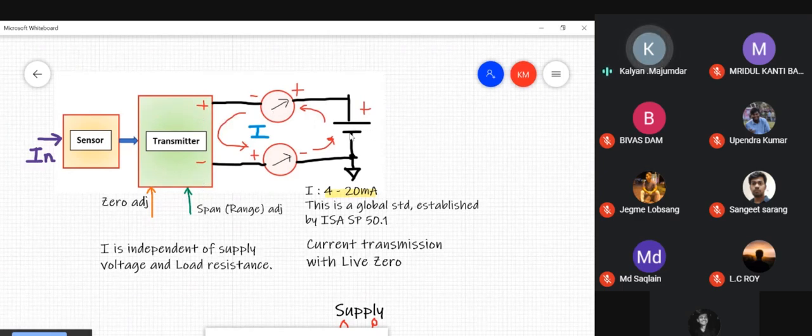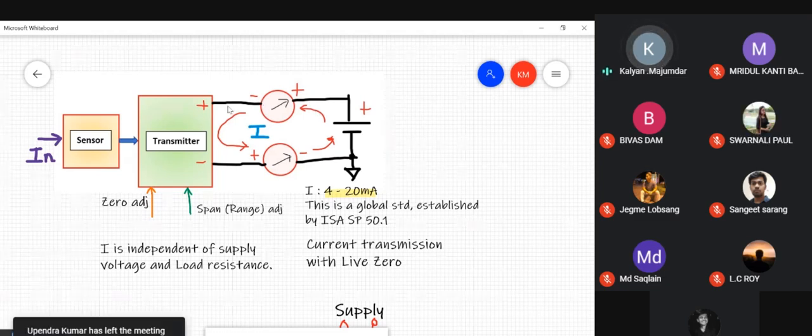The power supply, the battery, is connected to these particular terminals, as you can see in this particular figure. Now, what the transmitter does is it alters, it modulates, it adjusts this loop current. Loop current is when you connect this transmitter to the power supply, you have a closed circuit or you have a loop that is formed. So there's a loop current or there's a current flowing in this particular closed circuit. That is what is called the loop current.